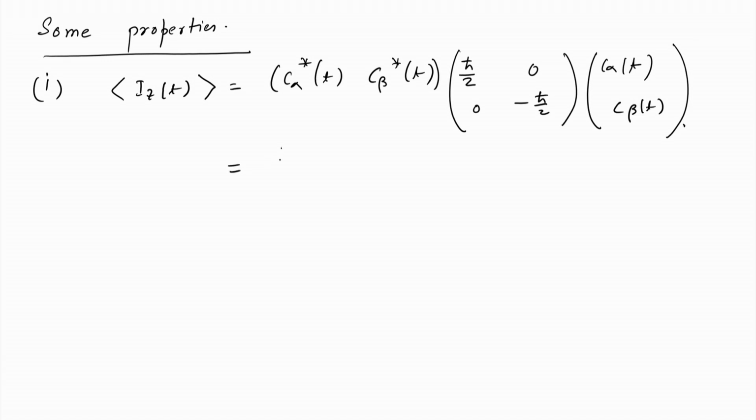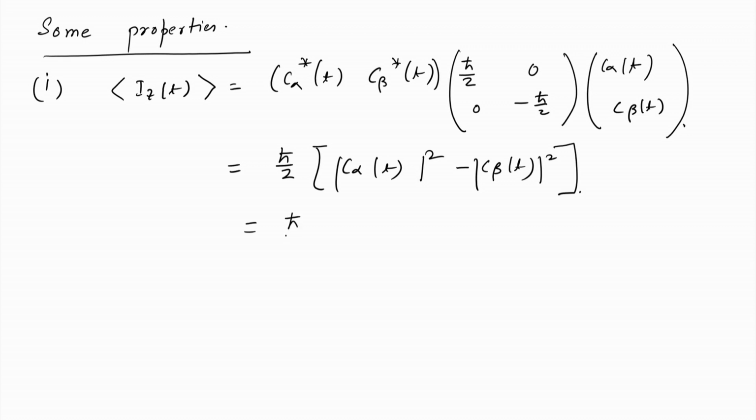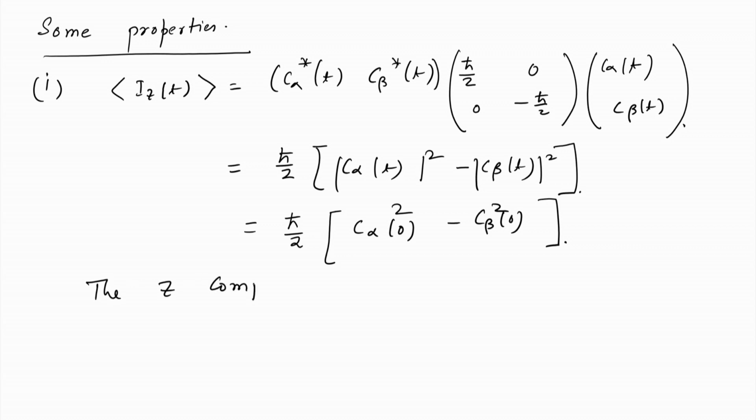So, this will simply be equal to ħ by 2 |Cα(t)|² minus |Cβ(t)|². Since |Cα(t)|² and |Cβ(t)|² would simply be the values at t equal to 0, it tells you that the z component of spin does not change with time.